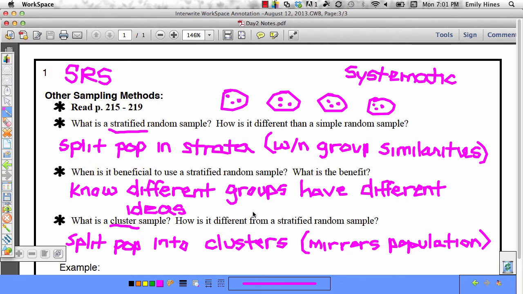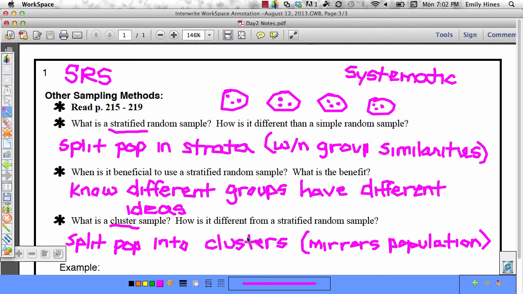So rather than cluster sampling by advisory classes, because I know that there are specific similarities within advisories, all of them being in the same grade, homerooms would be better for clusters. Advisory classes would be better for stratified.